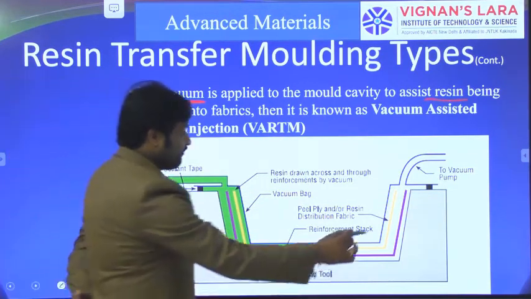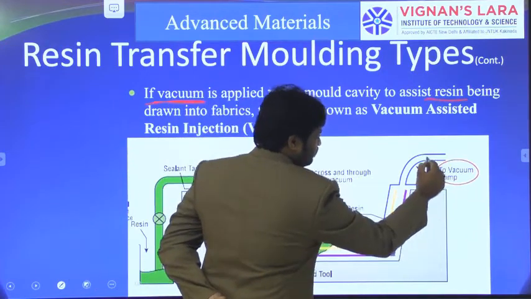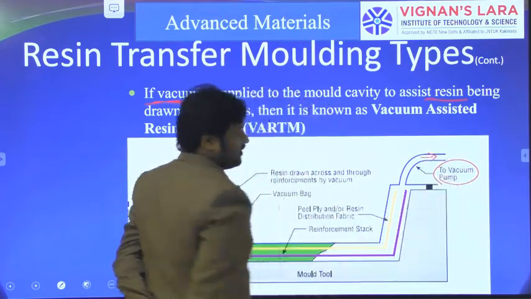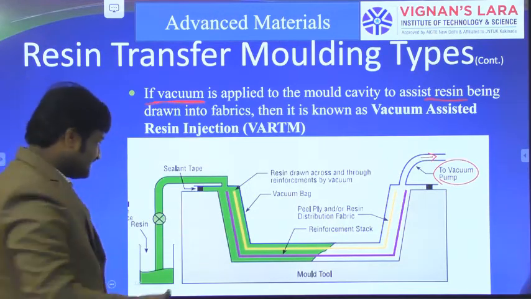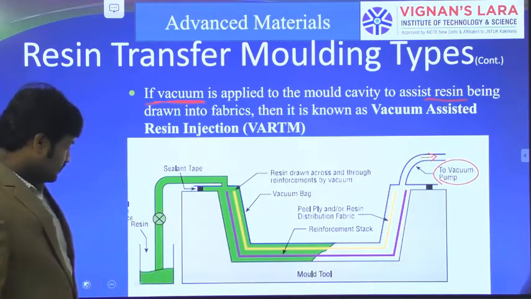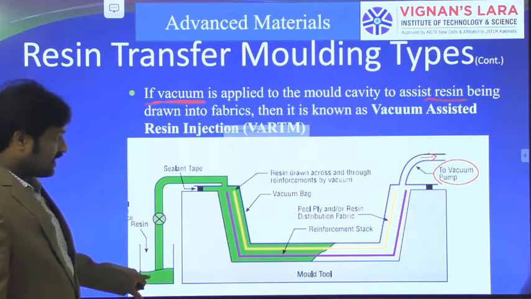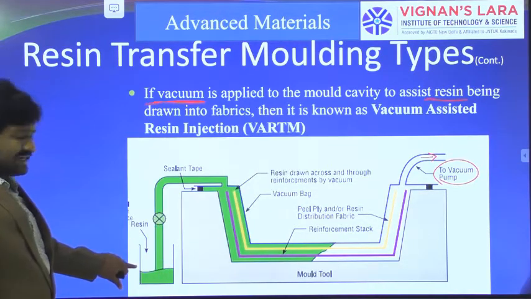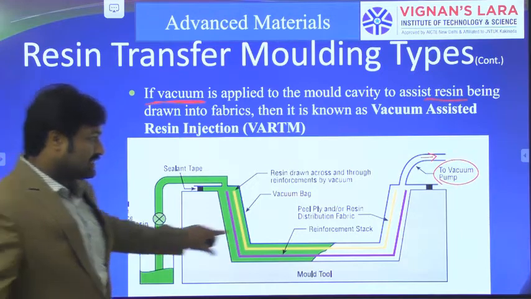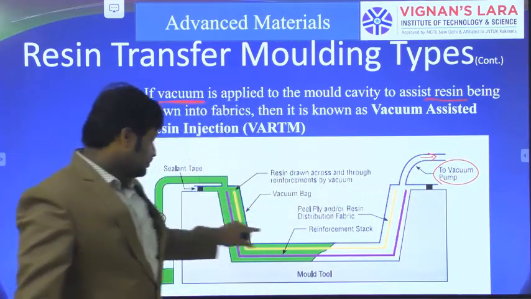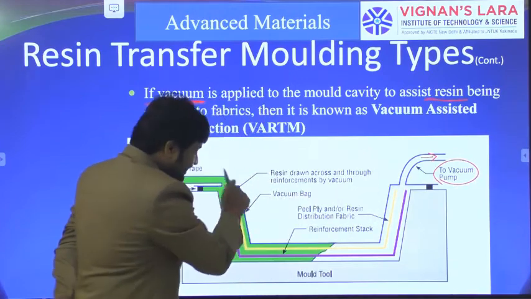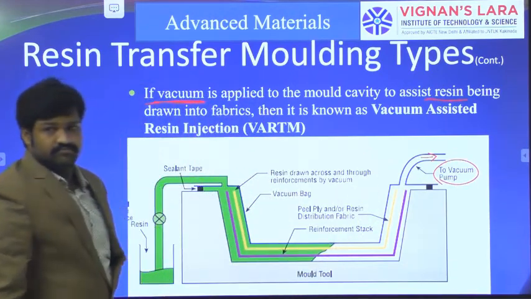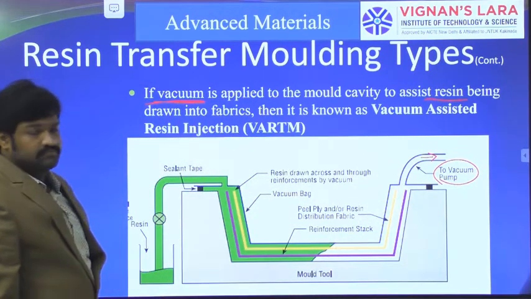Here, by means of this vacuum pump, we are dragging the resin material from the bath. It consists of a resin bath on one side, and on the other side it consists of a vacuum pump. By sucking the air, the resin is coming into the chamber, it means into the cavity.